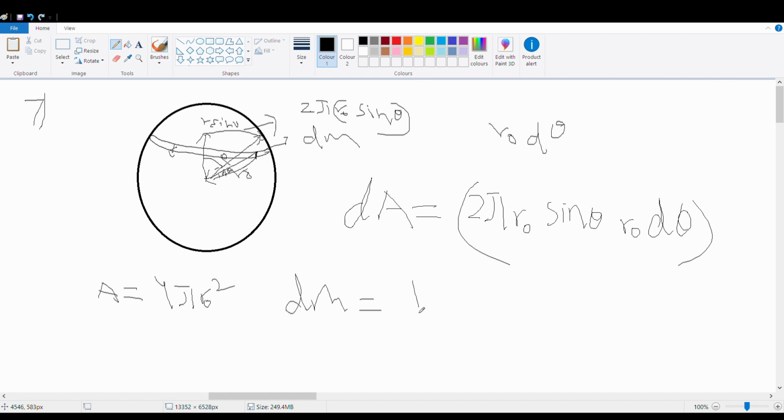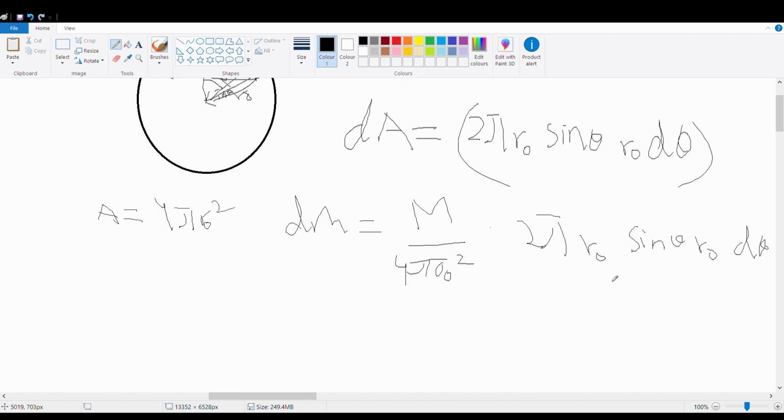So we have m by 4 pi r naught square, into 2 pi r naught sine theta, r naught d theta. Okay, so we cut r naught, as this thing is entirely gone. This just gets cut, so we'll be left with 2 here.